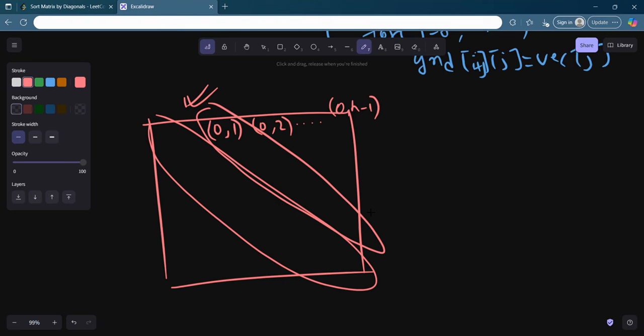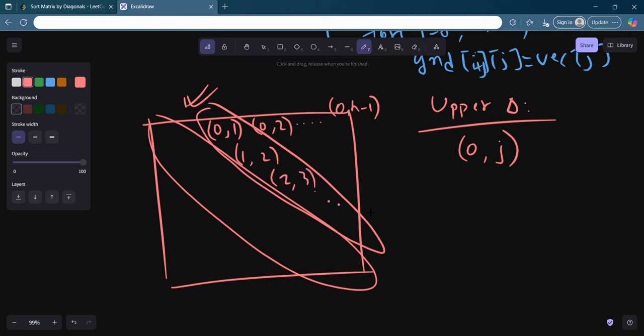So in a general case, you will be starting with 0 comma j. So what is the general criteria for the upper triangle? You will be having 1 comma 2, 2 comma 3 and so on. So you will be having 1 comma j plus 1, 2 comma j plus 2, and so on. So you can say that you are having i comma j plus i.